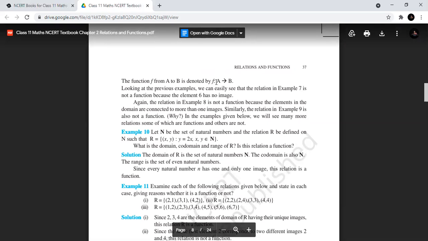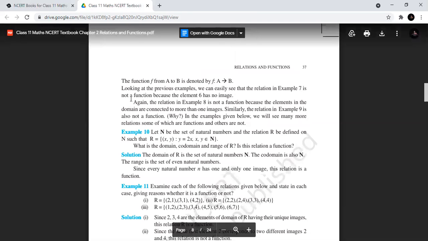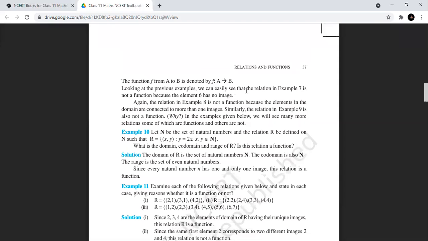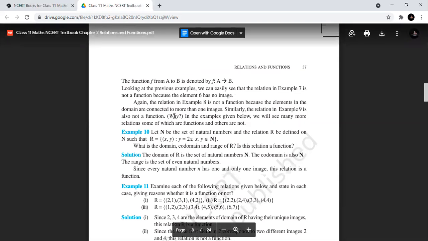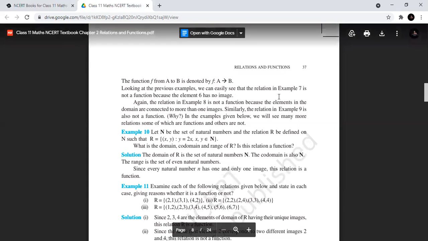A function from set A to B means A will be our domain and B will be our codomain. The mapping will be from A to B. This way, in the ordered pair, the first entry will be from set A, and the second entries will be picked up from set B. Looking at the previous examples that we've studied, they are saying that none of these examples are depicting a function.